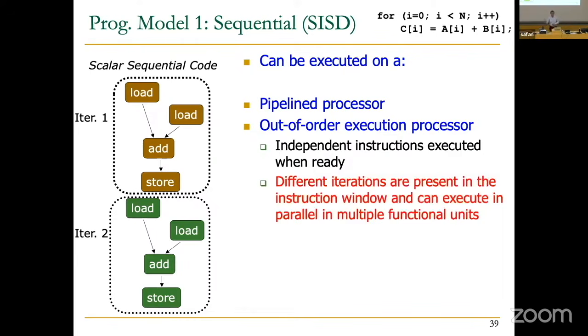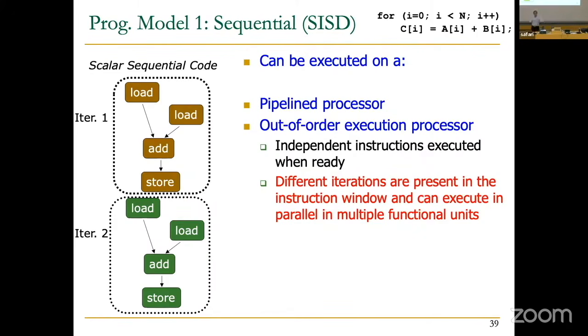And the big benefit of out-of-order execution in this kind of code is different iterations that are completely independent of each other. We know that. Out-of-order execution does a lot of work to find that out. It doesn't even find that out, right? It just finds out which instruction can be executed when. That's it. But the end effect is that it can take all of these different iterations in the instruction window and it can execute them in parallel in multiple functional units.